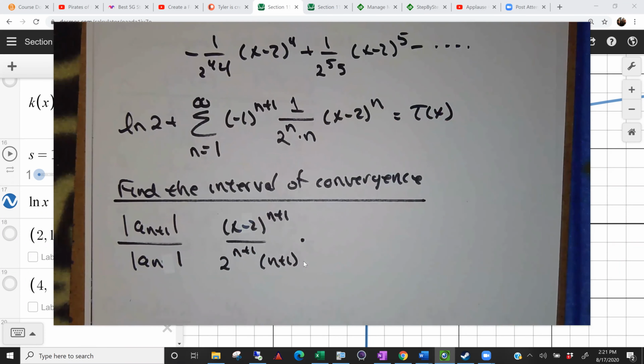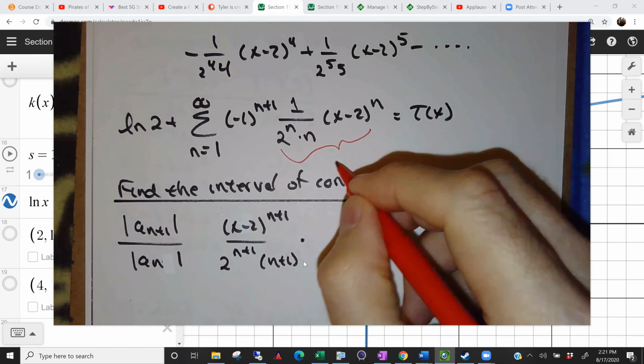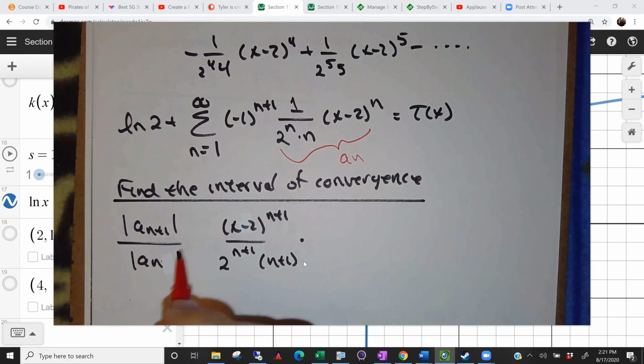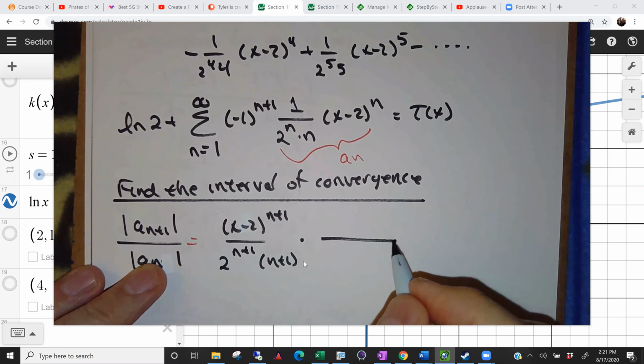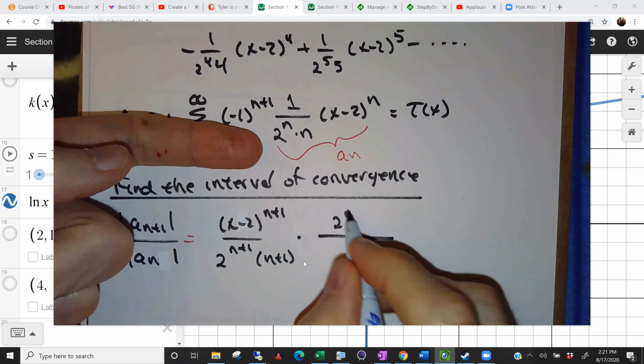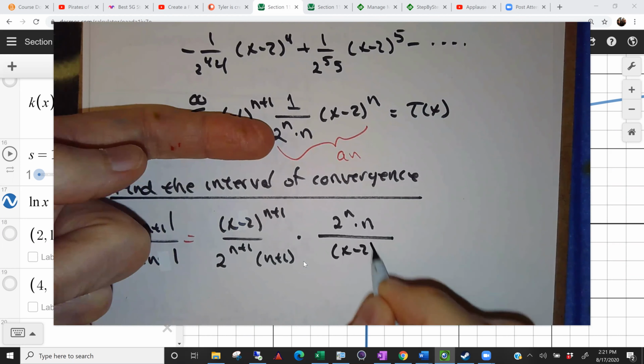So let's just make clear that that's your a sub n. This is your a sub 1. So the reciprocal is going to put a 2 to the n here times an n, x minus 2 to the n here.